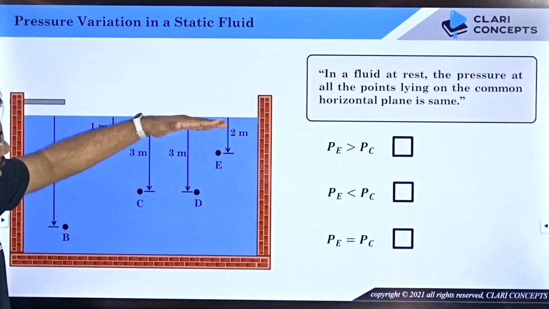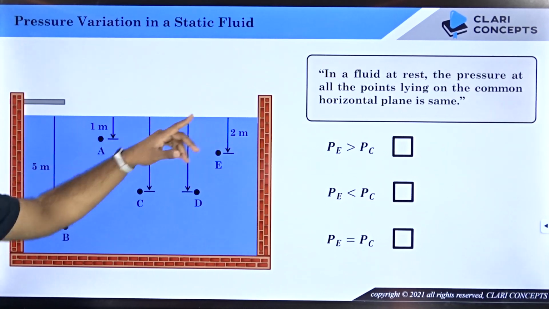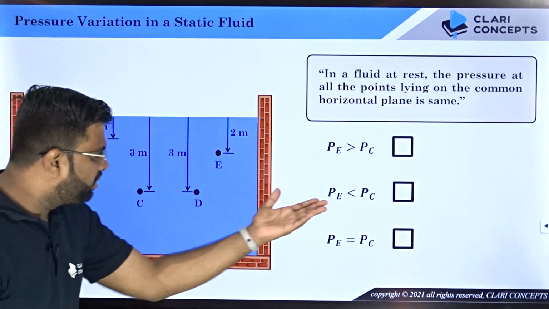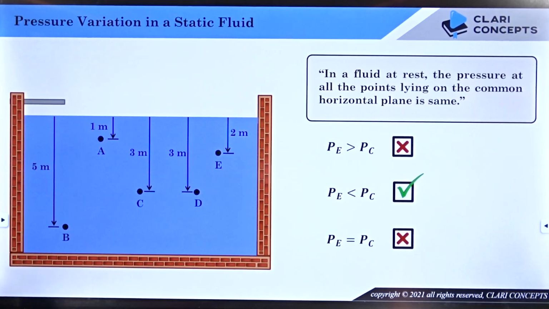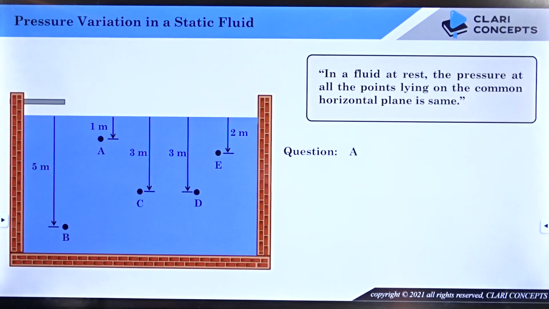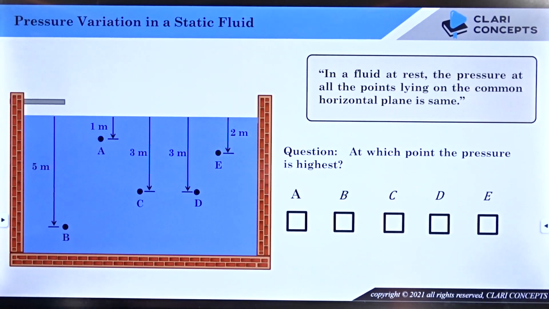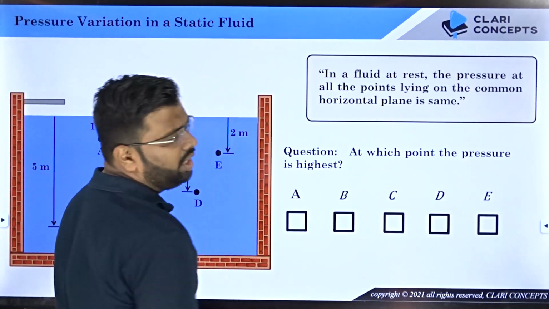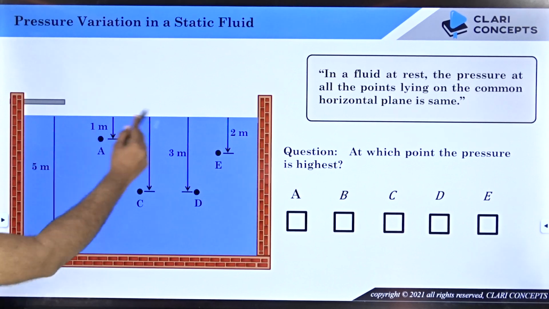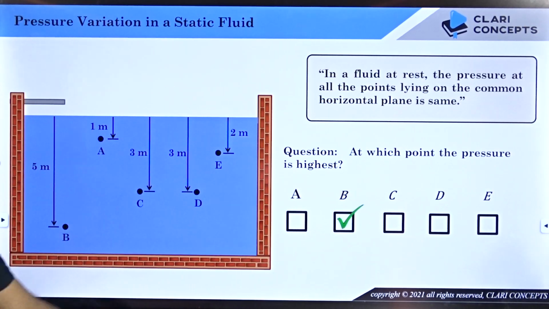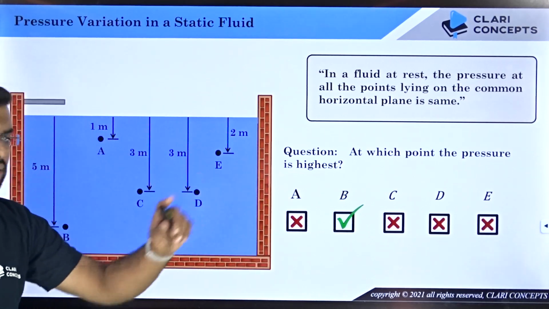Since E is at a lower depth, the pressure will be smaller in comparison to the pressure at C. So the pressure at E will be less than the pressure at C, which is option number 2. And the remaining 2 are incorrect. Yes? Now tell me the answer to this question. At which point is the pressure highest? A, B, C, D or E? Where do you think? You look for the point at the maximum depth, point B. Therefore the pressure at B will be highest in comparison to all the others.